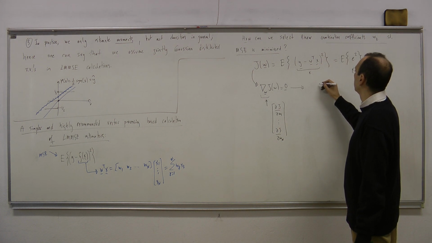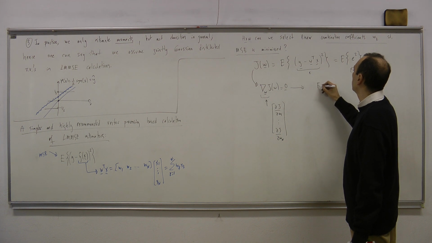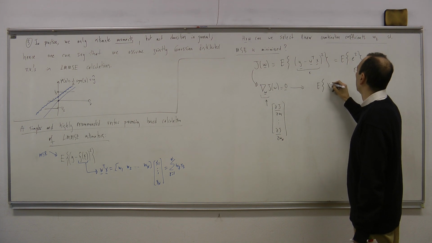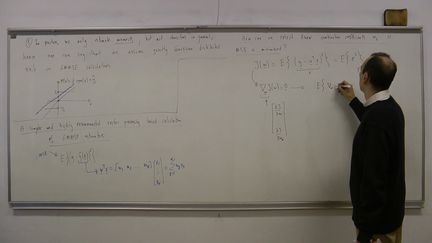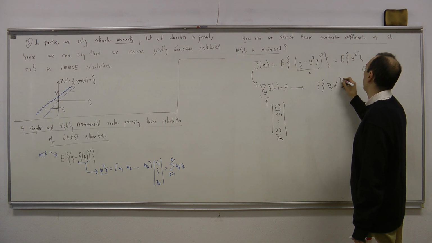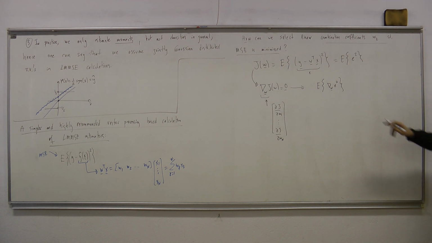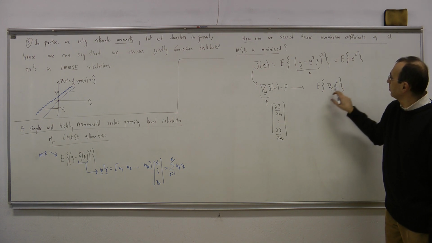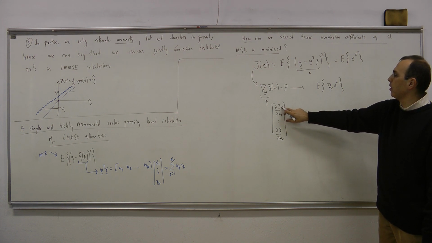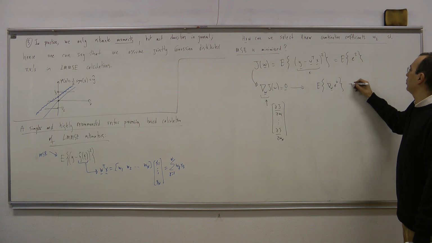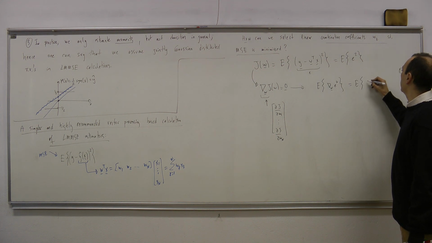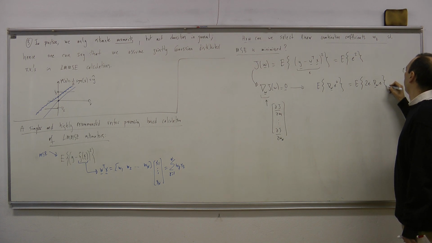Now, if I do this, so what do I get? So this is the expected value of the gradient of this, very similar as you see, e square. But this gradient is operating on e square over here. So partial derivative with respect to this. So this is 2e times gradient of e.